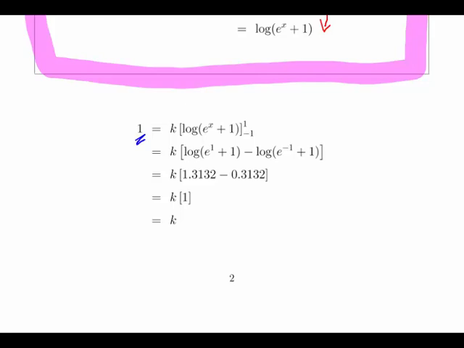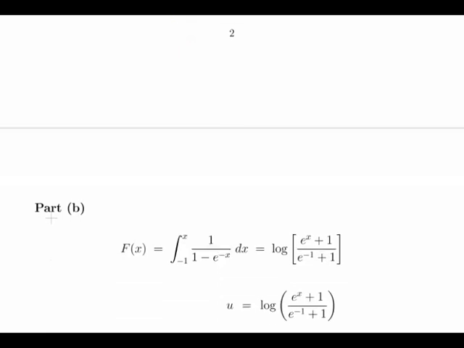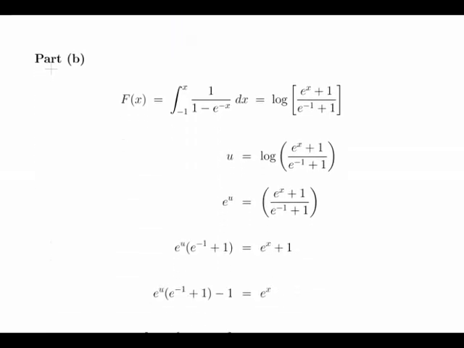Essentially we end up with k times 1.3132 minus 0.3132, which is 1. That means k is just equal to 1. So k is found, k is solved: k is equal to 1.